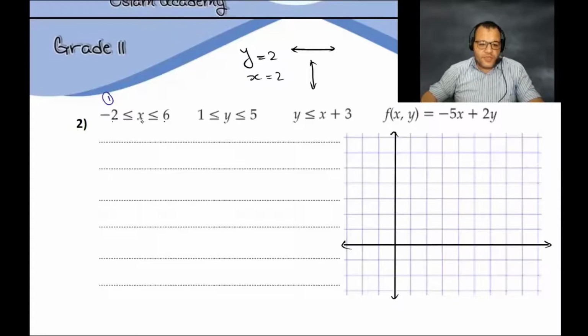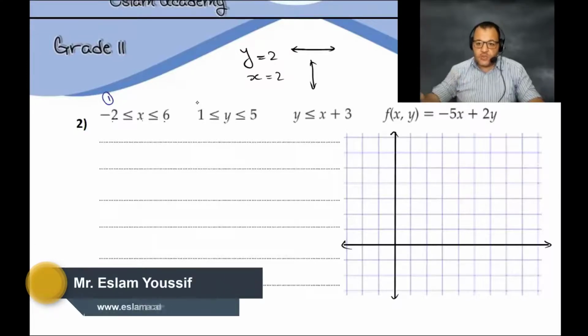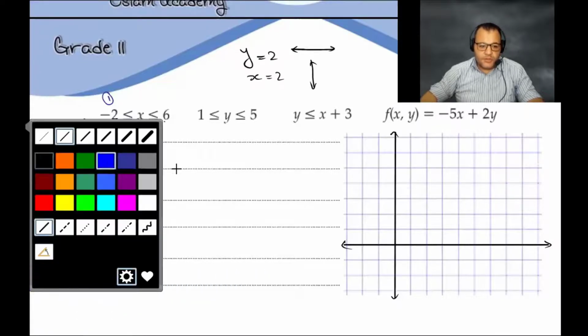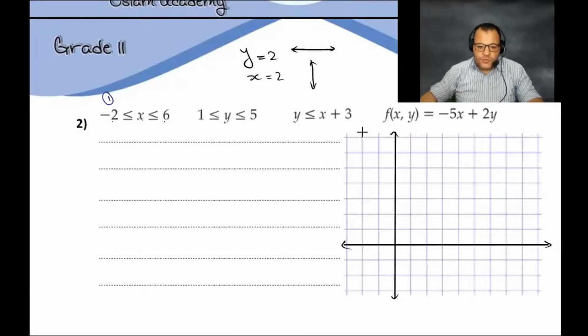What is the meaning of x is greater than or equal to -2 and smaller than 6? It is represented by a vertical line parallel to y that intersects x. The first line will intersect x at -2, and the other at positive 6: 1, 2, 3, 4, 5, 6.